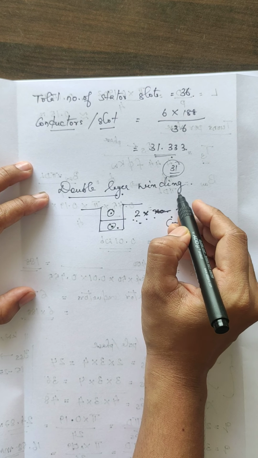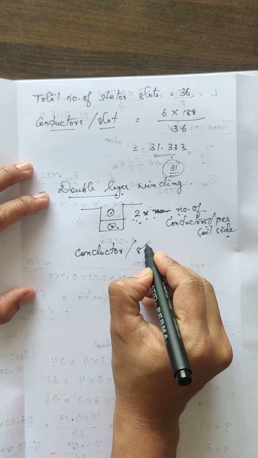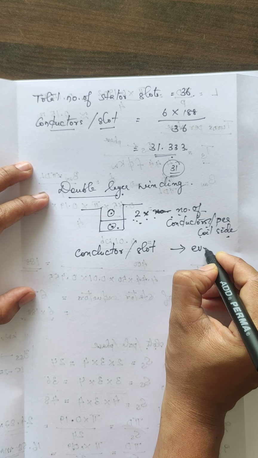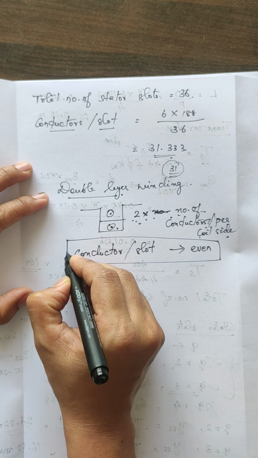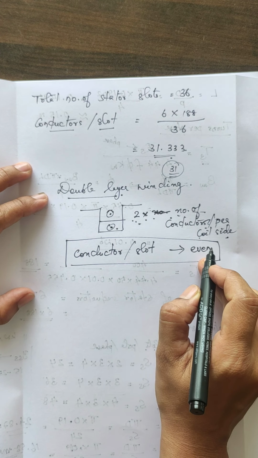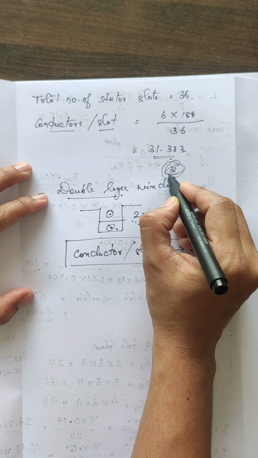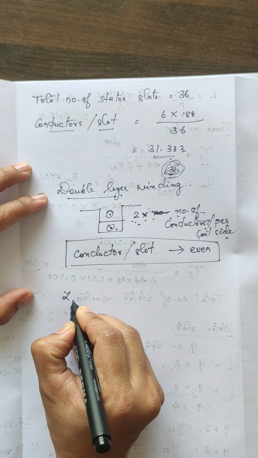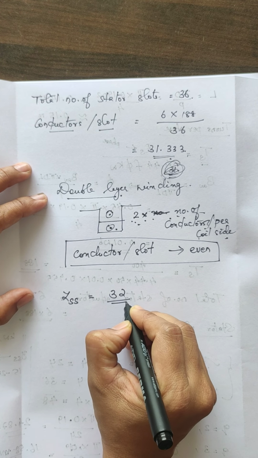In case of double layer winding, conductors per slot will always be a multiple of 2, or an even integer. This is an important point. So instead of approximating it to 31, approximate it as 32. So we get conductors per slot equal to 32.